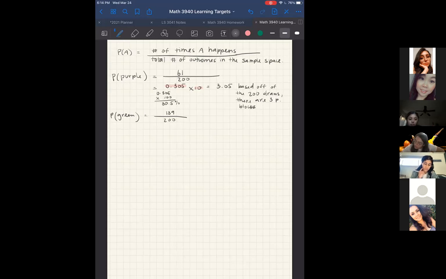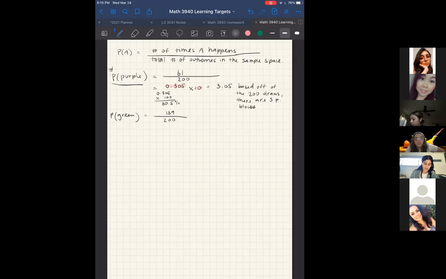Okay, give me a second. Because this formula over here is to find the probability, but we can use that to find out how many blocks there are. Got it. So the 200 is how many times we ran the simulation, right?